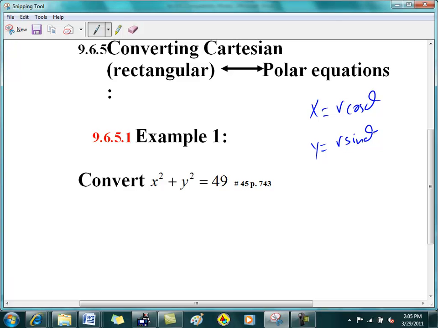Given that x is squared, what do you think I should do to this? Square it, right? Because x is squared, so I should square the other side too. So then this becomes r squared cosine squared theta. What do you think y squared becomes? R squared sine squared theta? Okay?